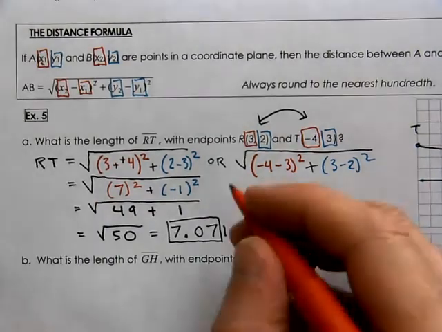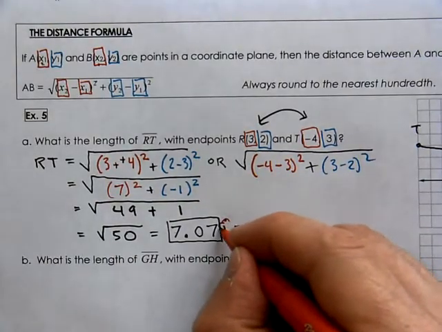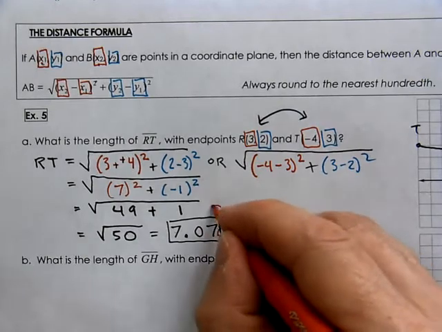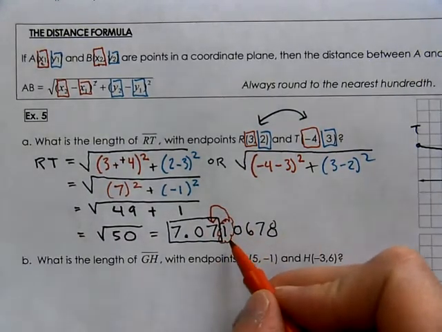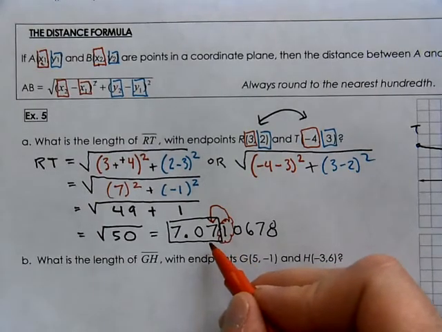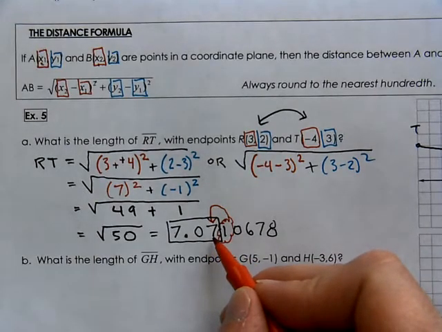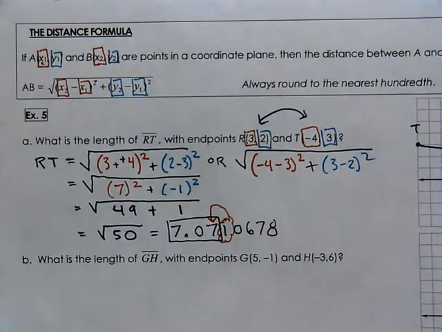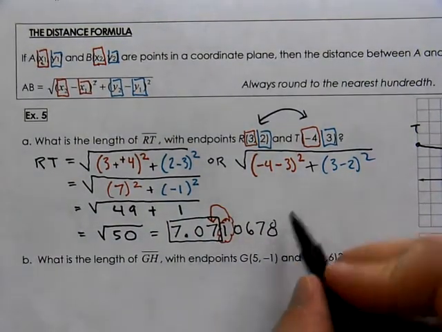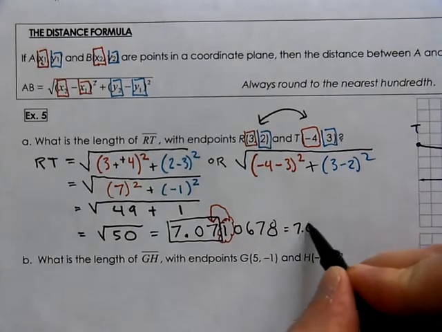So you always have to look at the third value to see how it impacts that hundredth place. Remember, if that third value is 5 or bigger, then we would round up that 7 to an 8. Otherwise, we keep it the same. So our final answer is just 7.07. That's our approximate answer.